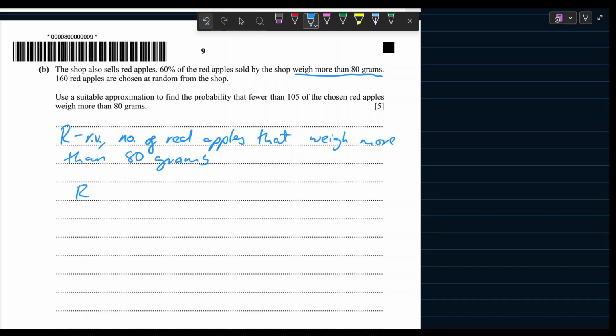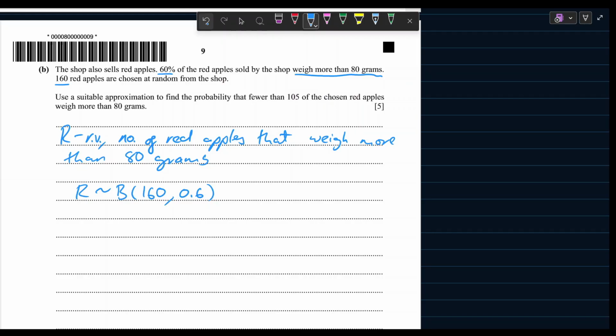And R follows a binomial distribution with n being 160 and the probability of success being 0.6. All right, and now we are required to use a suitable approximation. We've got a binomial distribution, so we are going to be using a normal approximation to the binomial distribution.